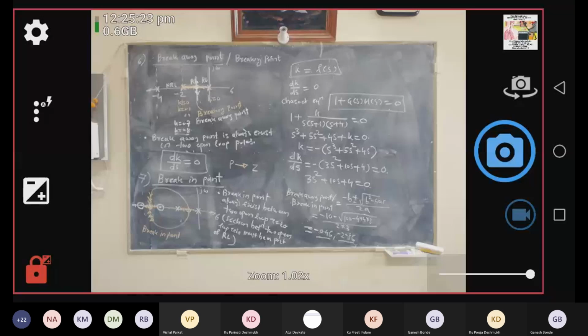Summation of phi p is the combination, or the contribution, by the angles made by the remaining open loop poles at which the phi d is to be calculated.